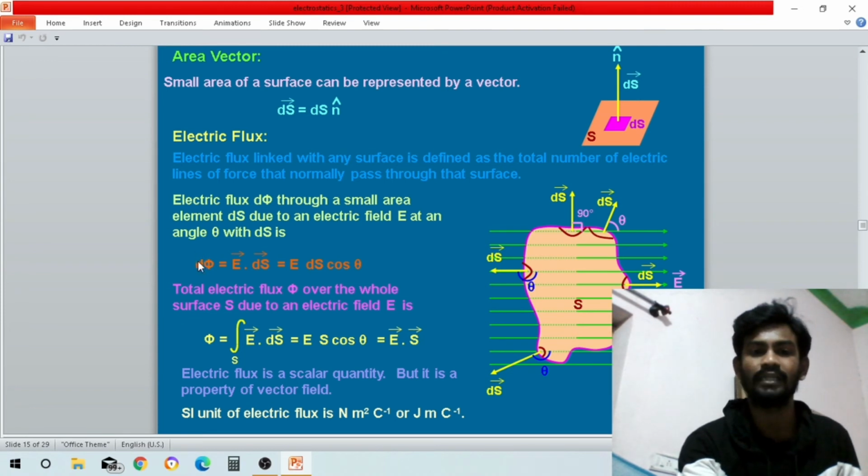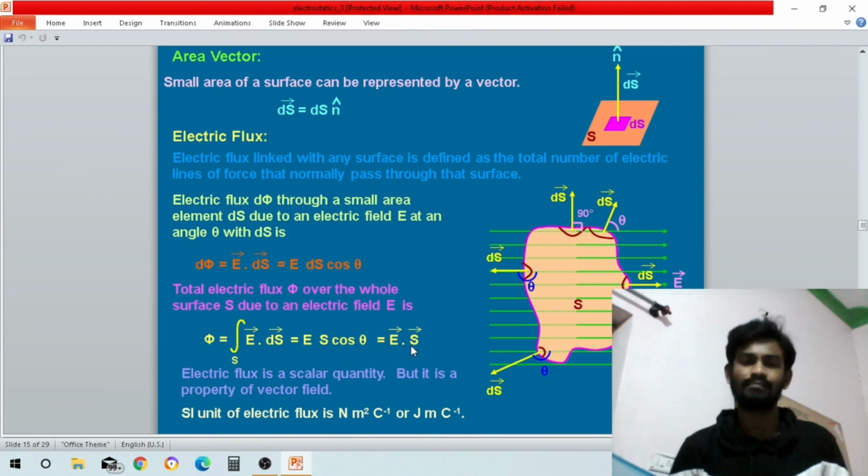When we integrate d phi, it will be phi, and when we integrate E dot dS vector, the surface integral of E dS cos theta, and integrating dS gives S, so it will be E S cos theta, which is equal to E vector dot S vector.